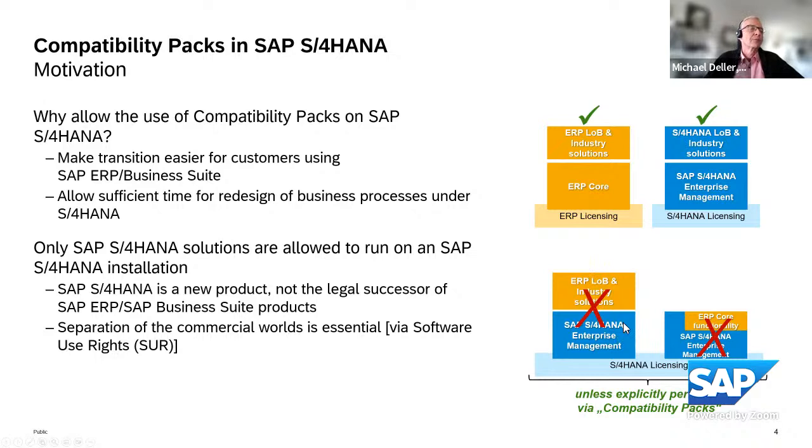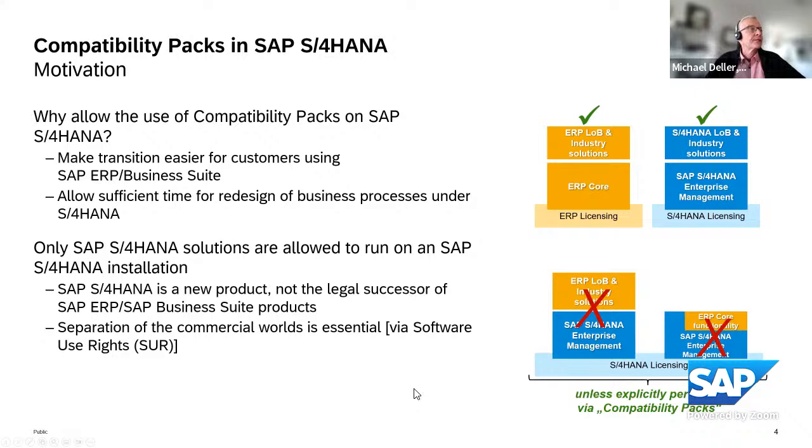So as you're seeing in the picture below, these scenarios are legally not allowed unless we explicitly say so. And we did, in the shape of the compatibility packs, for both solutions that require an extra license as well as core functionalities.